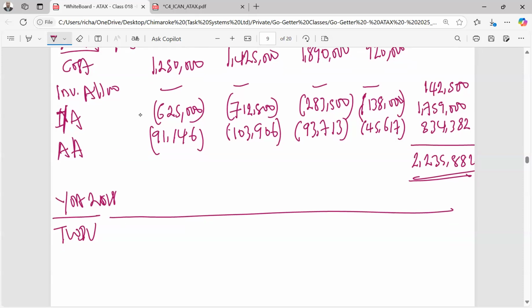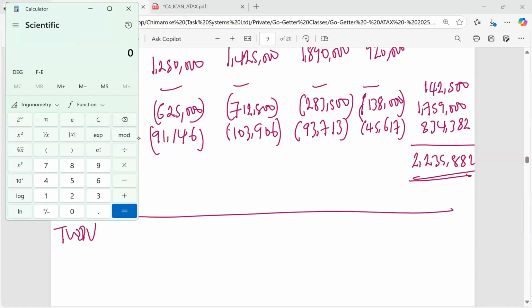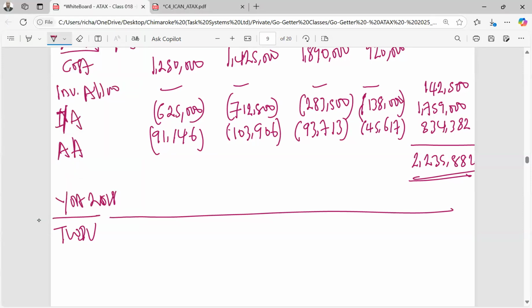We have here 1,250,000 minus 625,000 minus 91,146. That will give you 533,854.